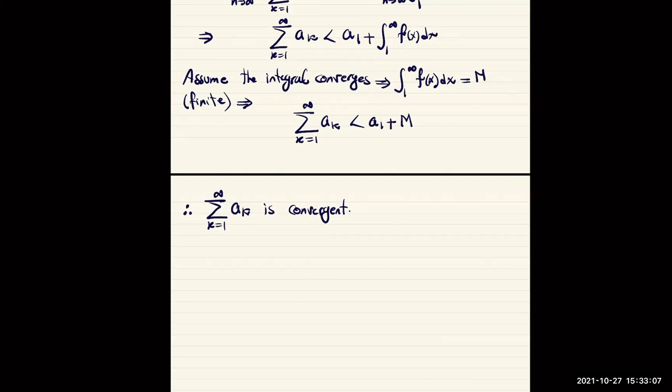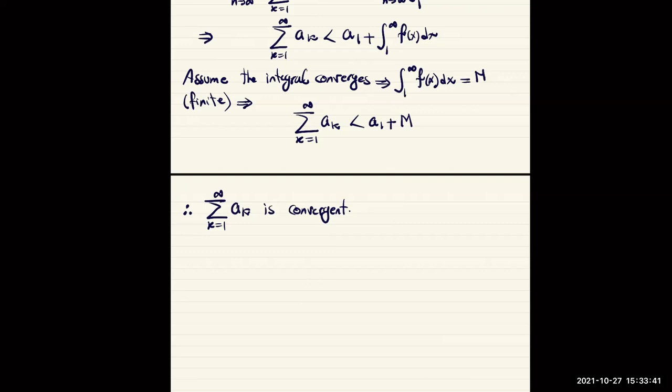A1 plus m is the number that the series is not going to exceed. a1 plus m could be 11, but the value of the series could be, in reality, 10.1. We haven't found the actual value of the series. That's just a1, the first term of the series, plus the value of the integral.